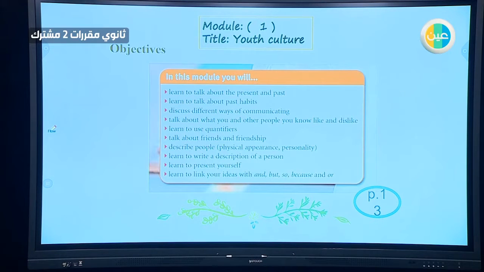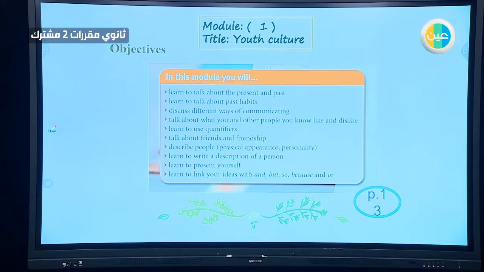Now, one of the best parts in your book is the first page, which has the objectives. This is the page that you see on the screen. These are the main ideas in Module 1. So for you to understand what you are supposed to cover, what you want to focus on, how you know the grammar, the vocabulary, the writing that you're supposed to go through before your test.